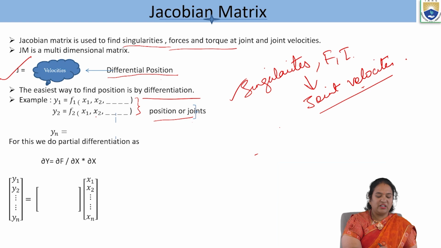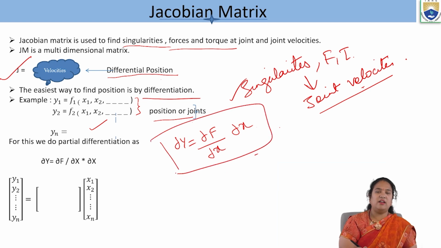So when we differentiate the above equation, we will be getting dou y is equal to dou f by dou x into dou x. This is the partial differentiation equation which we are getting.